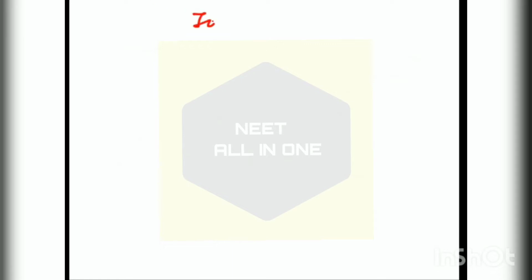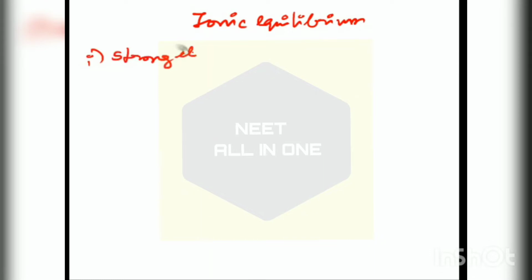Now what we are going to study will be ionic equilibrium. In ionic equilibrium, we first have to know two things, that is strong electrolytes. So what are strong electrolytes?